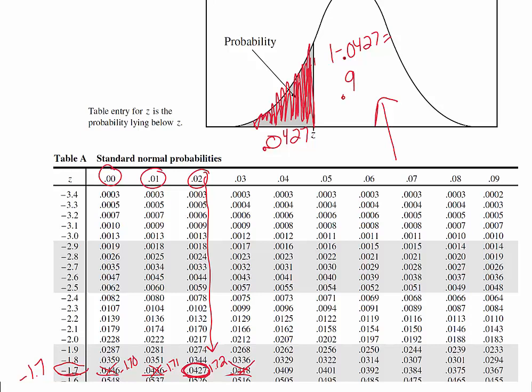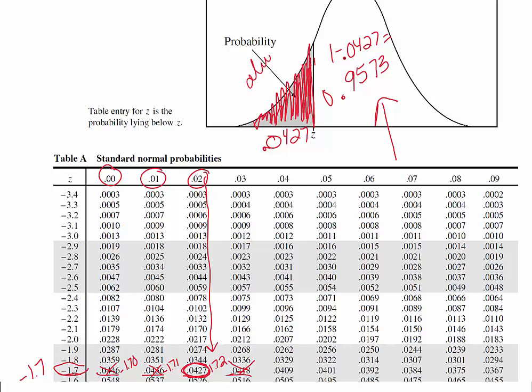If the area to the left we just figured out equaled 0.0427, we can actually subtract these two numbers and we would be left with the area to the right.